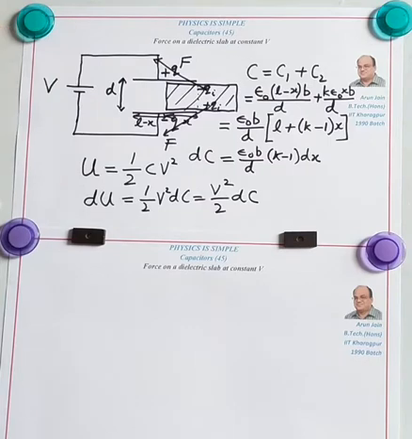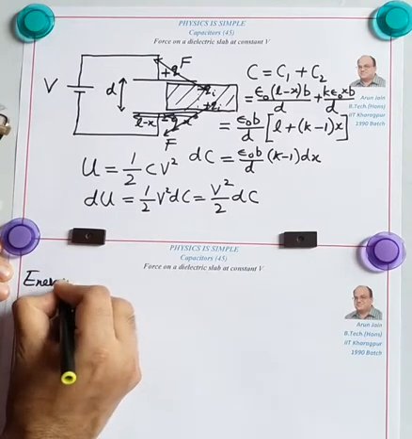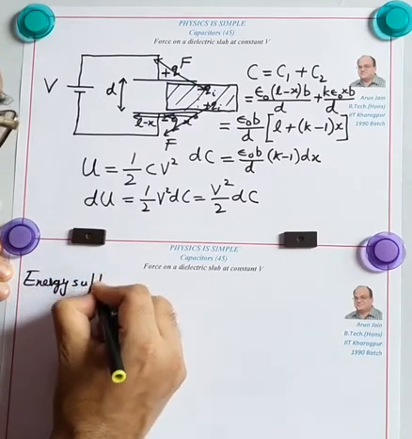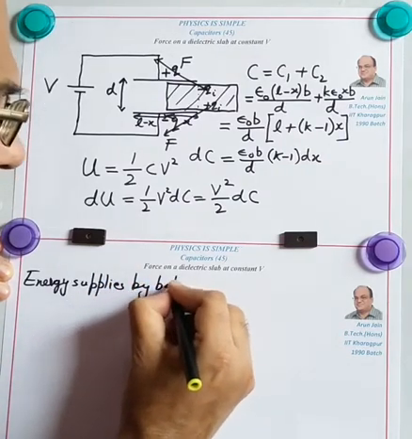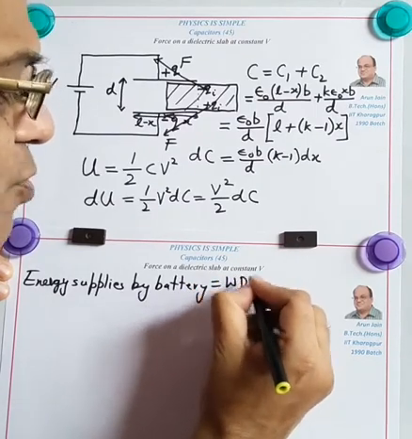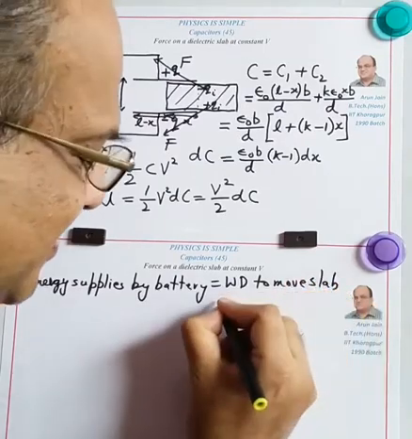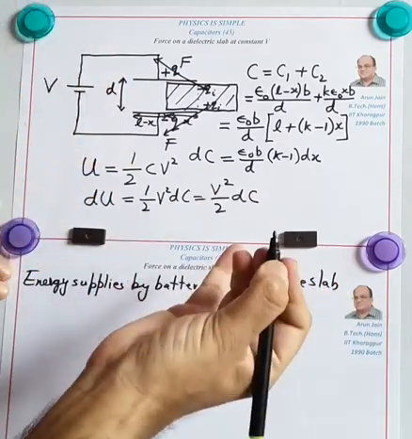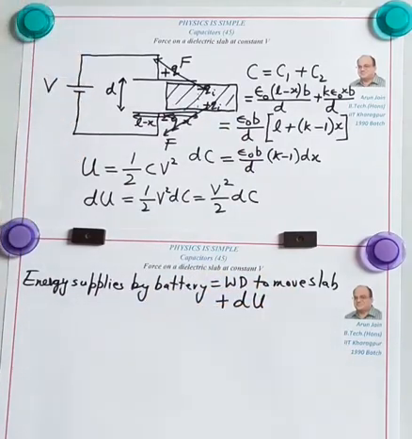Now here the energy is supplied by the battery. So energy is supplied by battery, and that energy will be used for two purposes. One is to do work to move the slab, and second is to increase the potential energy, that is dU. So this is the energy conservation equation.